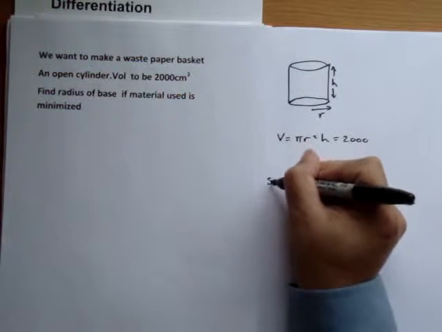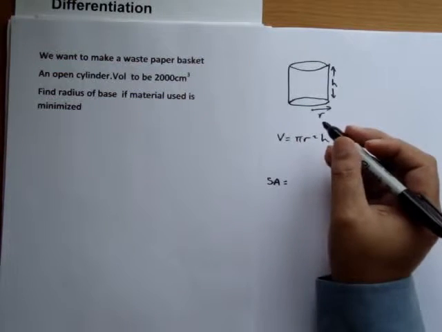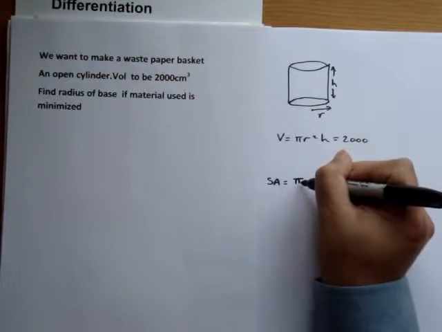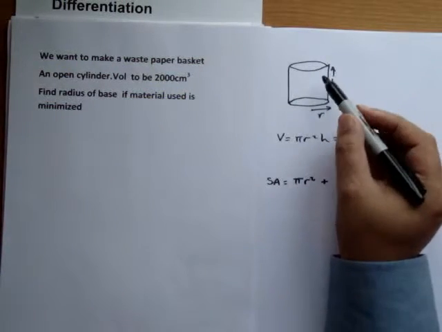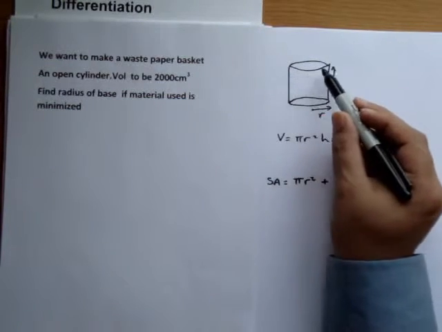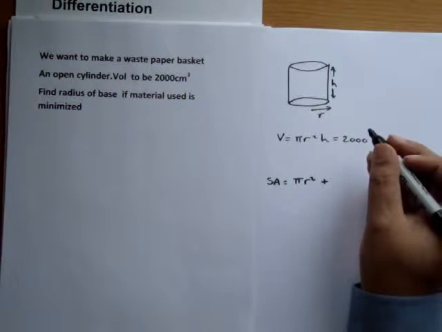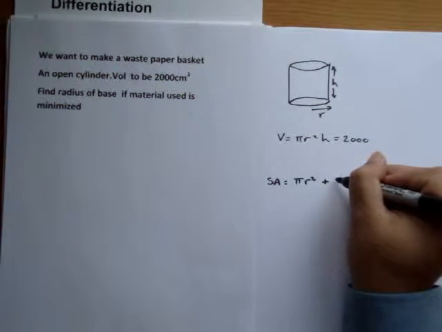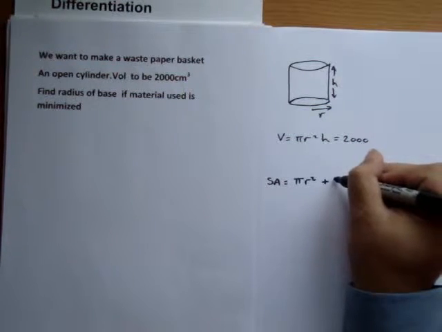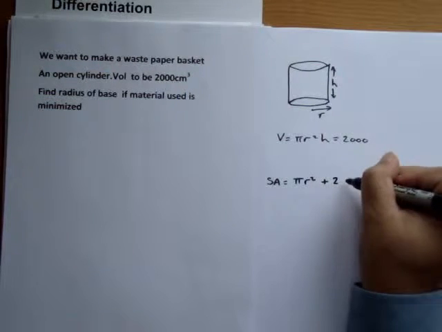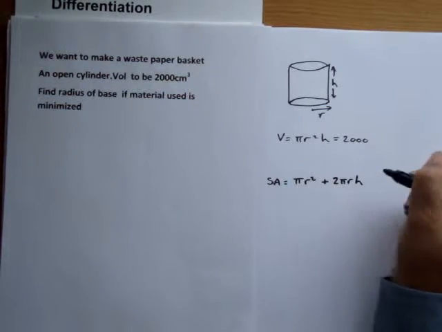So our surface area is pi r squared, the disc at the bottom, plus the rectangular piece around the side, which is 2 pi r h, 2 pi r being the circumference and h being the height.